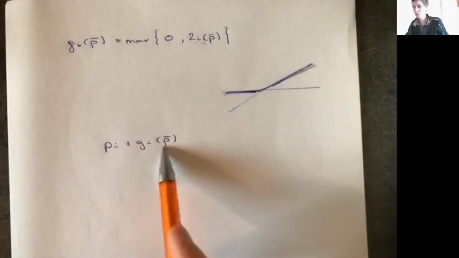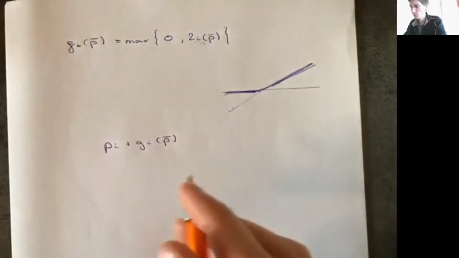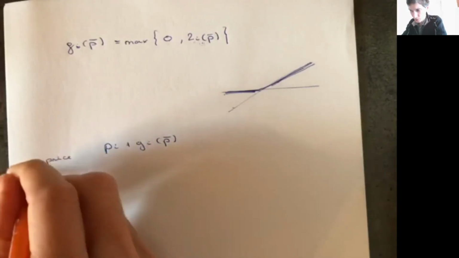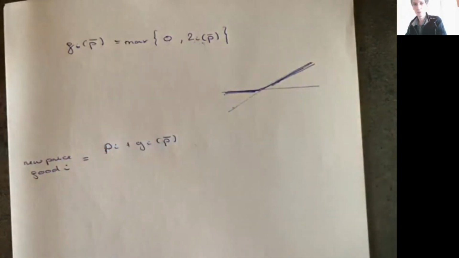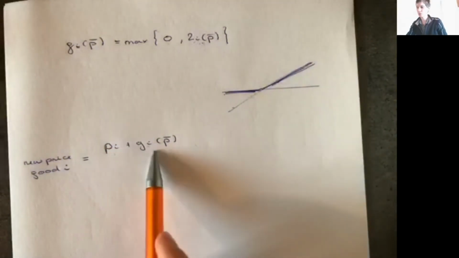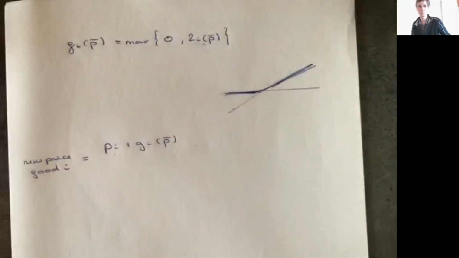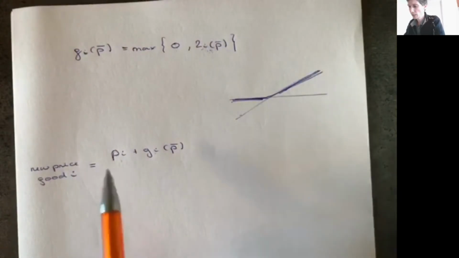If it is, then we are going to increase this price. Okay, so new price of good I could be something like this, right? It could be the old price plus something positive in case where the excess demand is strictly positive, right? When demand is bigger than supply.